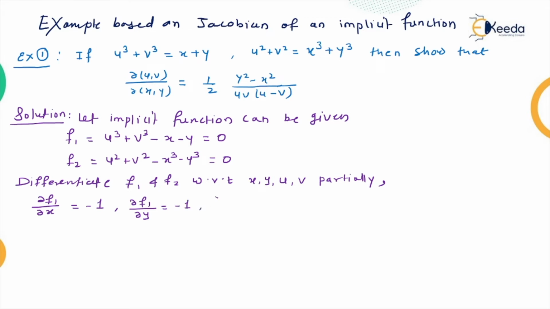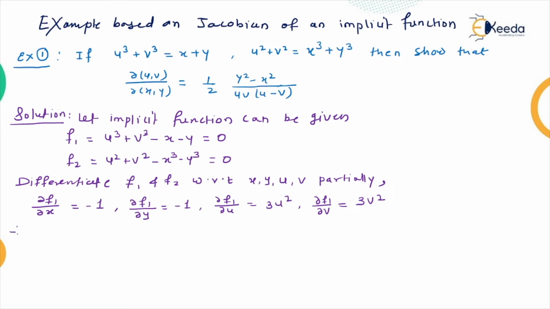Next, ∂f1/∂u, keeping other variables constant, becomes 3u square. ∂f1/∂v becomes 3v square. I hope you understand this.